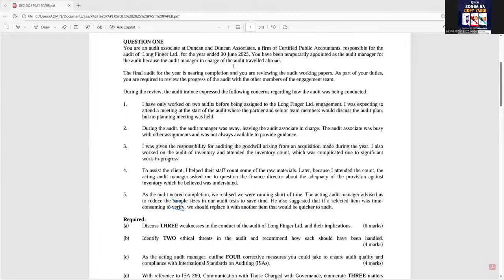I can see CLA has tried to explain that she has worked on two audits before being assigned to Long Finger Limited. But I think these audits are different; this one is not in relation to Long Finger. I have only worked on two audits before being assigned to Long Finger Limited engagement.